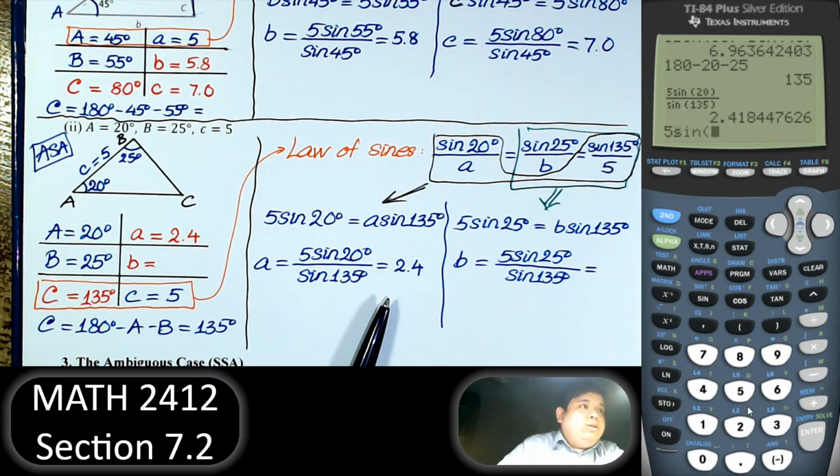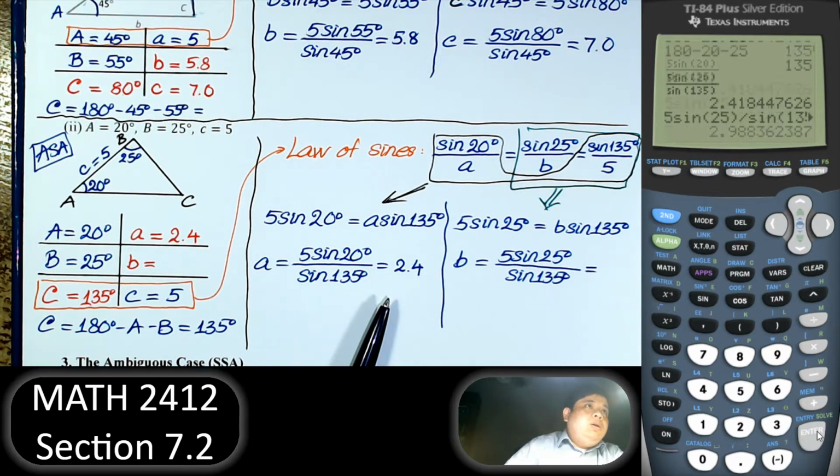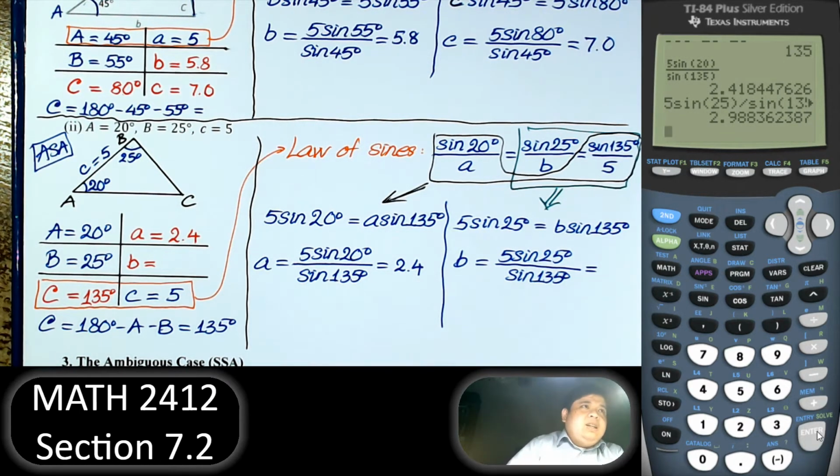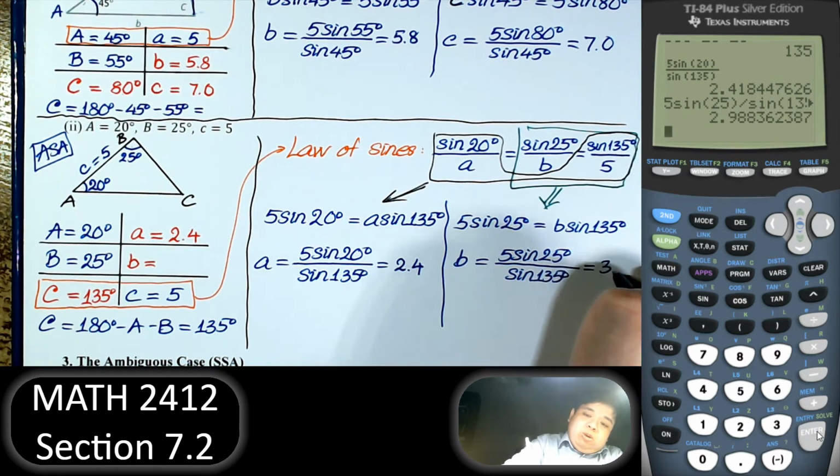Five sine of 25 divided by sine of 135 is 2.98. Of course, if we round that to 1 decimal place, this is 3.0.